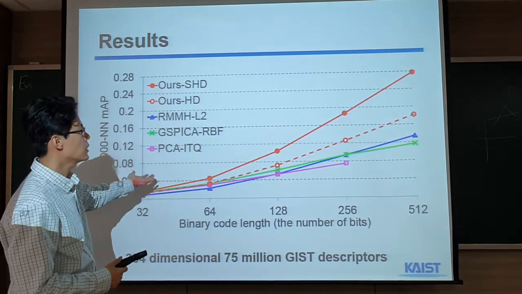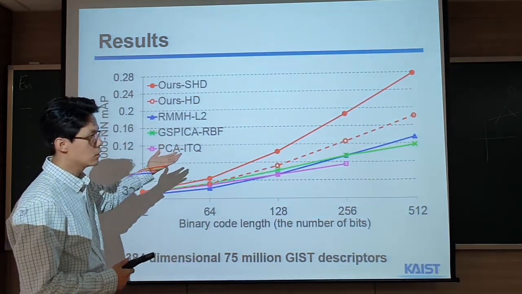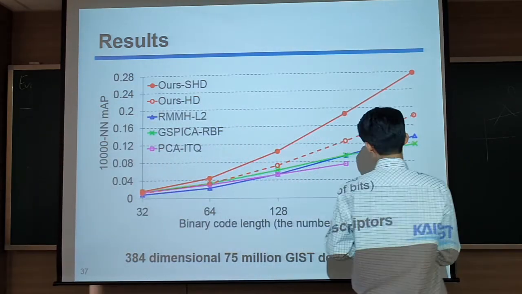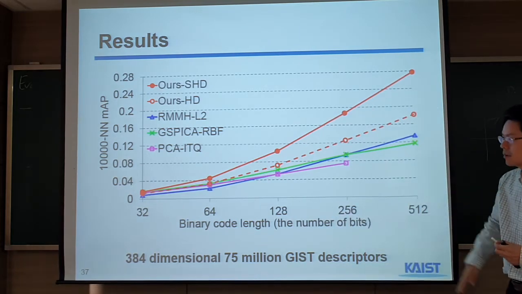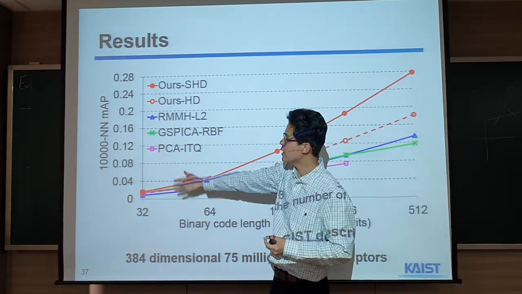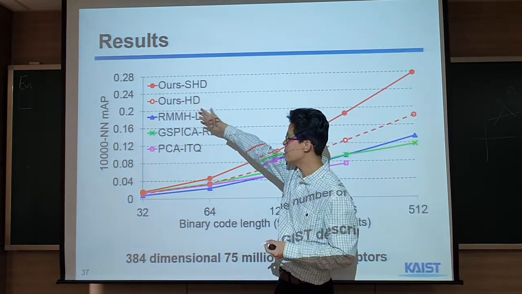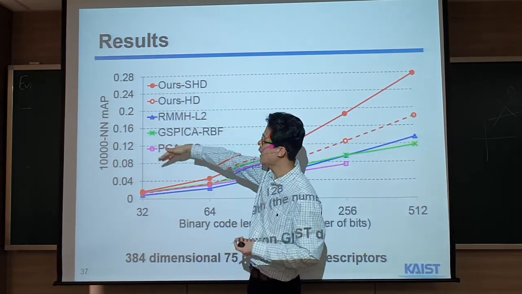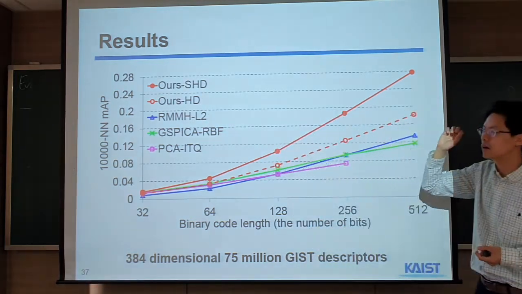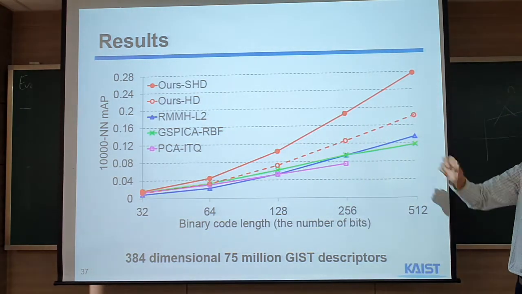We had this a long time ago, before deep learning. On this plot, the x-axis is the binary code length and the y-axis is accuracy. I'm not going to talk about the exact definition, but a higher value indicates that we can identify more similar images.